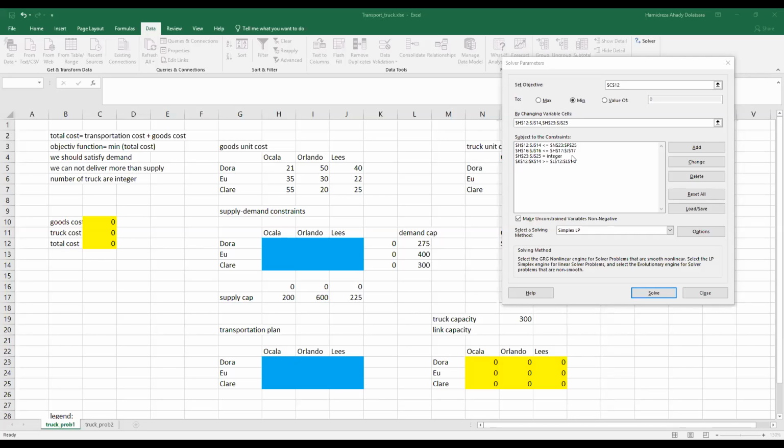So what does it mean? All of the trucks are integer numbers. I cannot say I have 2.3 trucks. I'll talk about this formulation later, but I think one of them remains, okay.